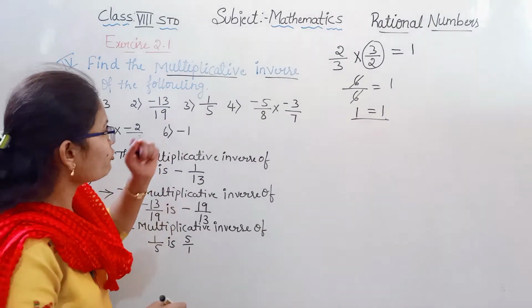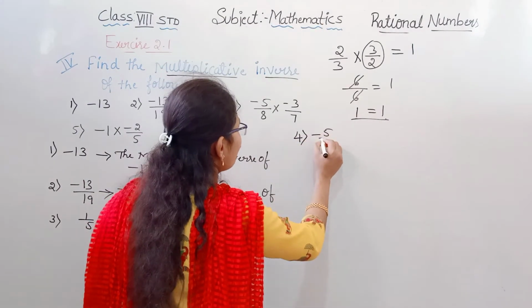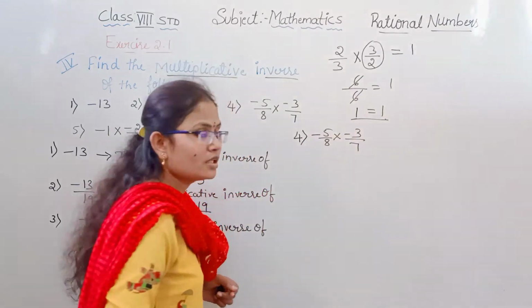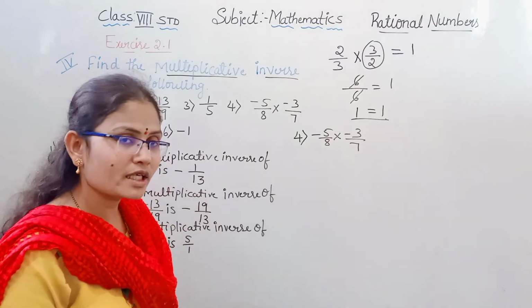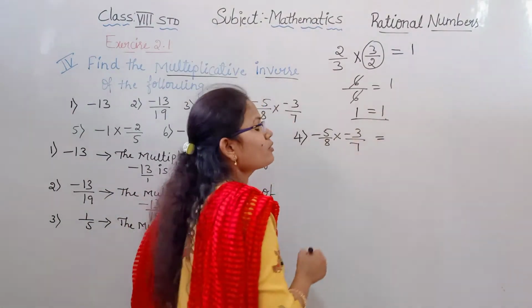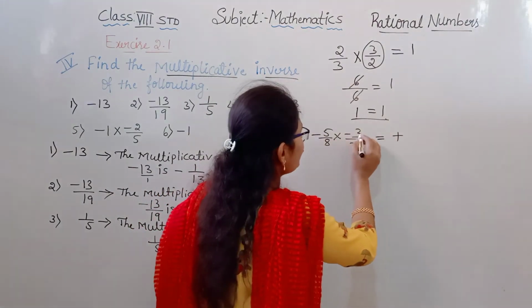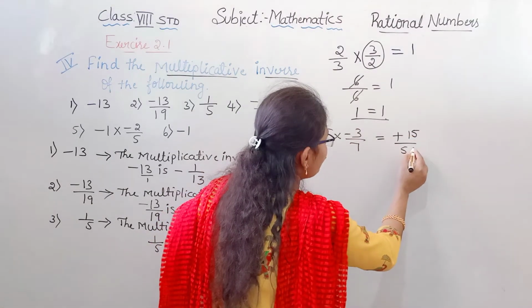Next, the fourth problem, what they have given? Minus 5 by 8 into minus 3 by 7. Now you may get confused about how to find the multiplicative inverse. Very easy, you can see here. First we have to find the product of these numbers. So what happens? Minus into minus is plus, 5 threes are 15, 8 sevens are 56.